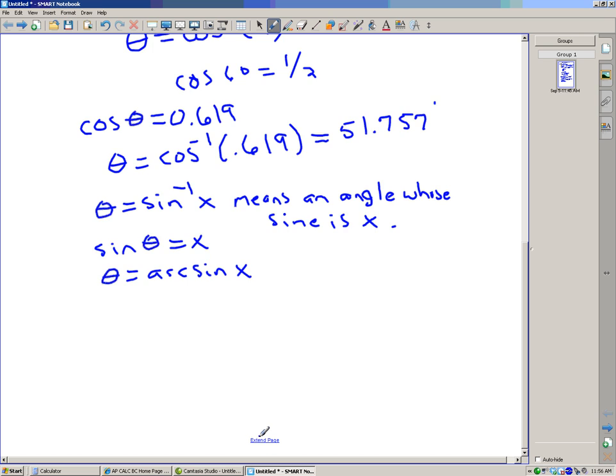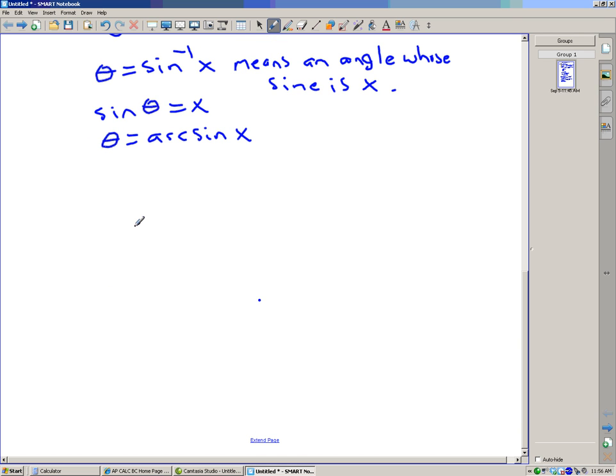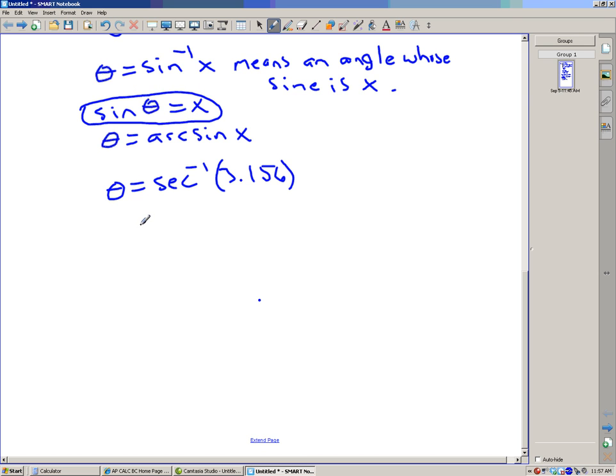Alright, so let's get to some of those other buttons that are hard to get to on the calculator. Let's do the example arc secant of 3.156. And you are not going to have an arc secant button on your calculator. So let's do a little algebra before we ask our calculator. The secant of an angle is equal to 3.156.